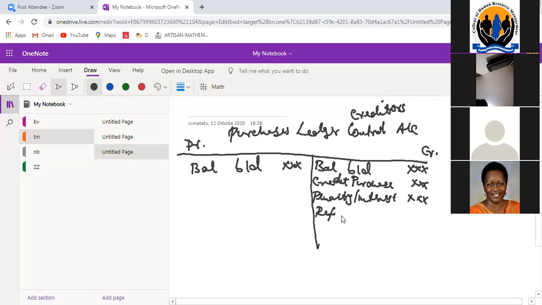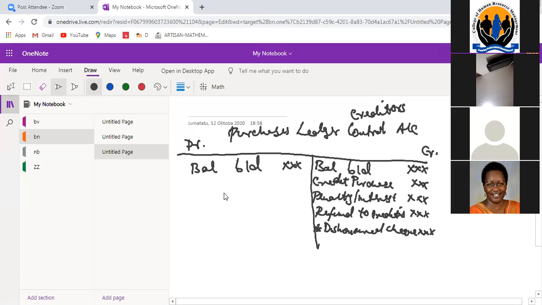Also, we have the refund to creditors or suppliers. And then if there is a dishonored check, which is going to be very rare, if we have a dishonored check that we give the creditors, then we put it on that side.